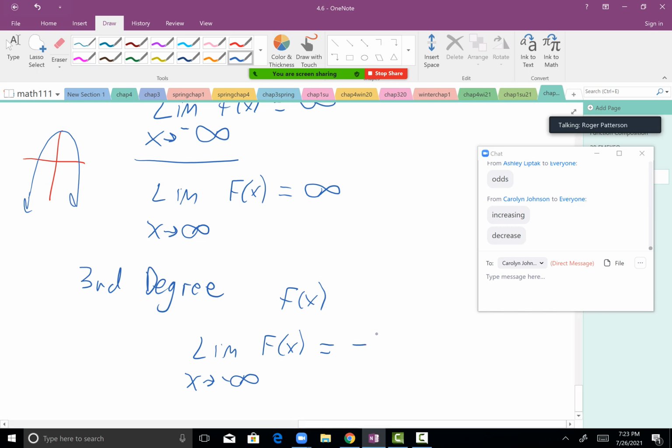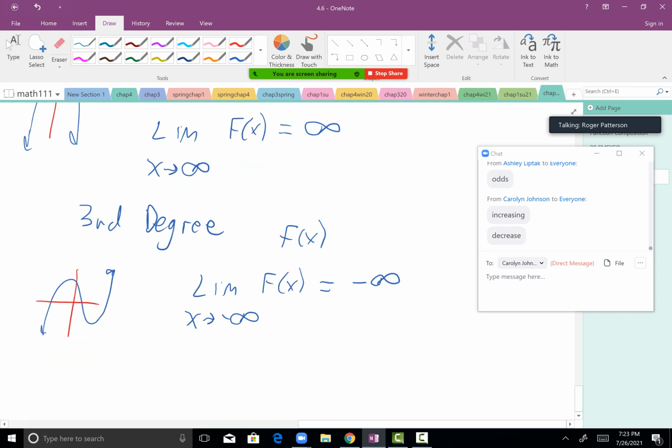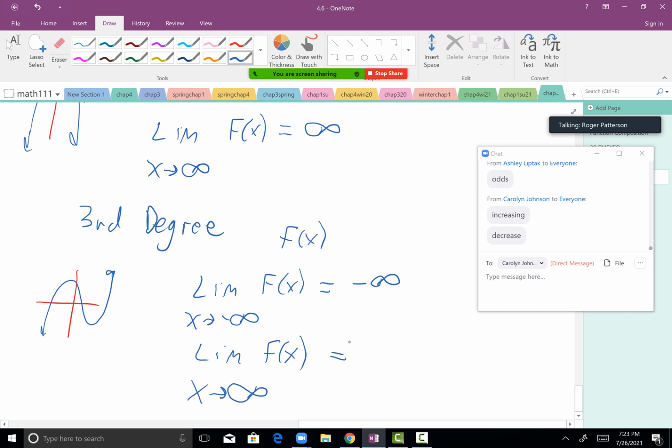So we're going to say it goes to negative infinity, most likely, unless we do some sort of fancy stuff to it. It's falling on the left side. On the negative side, it's decreasing. But what's happening on the positive side, or the right side, as x approaches positive infinity? Right, it's going to positive infinity.